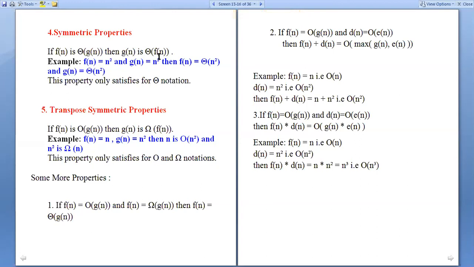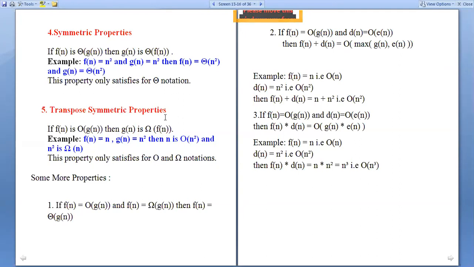Both the functions are of n square type. Then f of n is same as theta of n square and g of n is also same as theta of n square according to symmetric property. This symmetric property is only for theta notation.